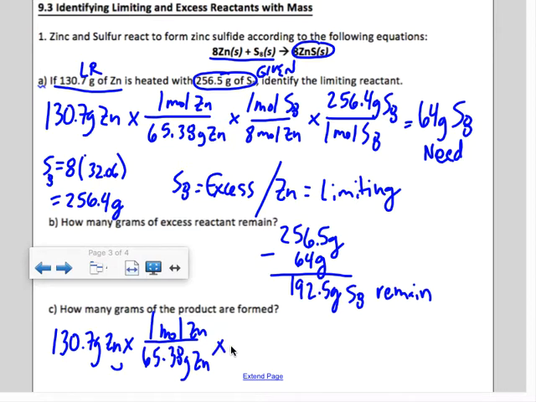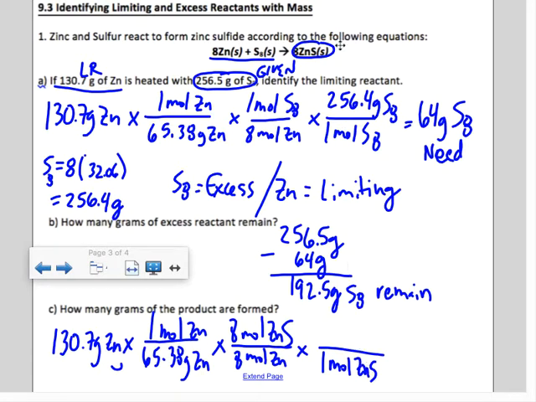Now I'm in moles of zinc, and I have to use the mole ratio to go from zinc to zinc sulfide, and it looks to be an 8:8 ratio. So 8 moles of zinc go down here, 8 moles of zinc sulfide go up here.